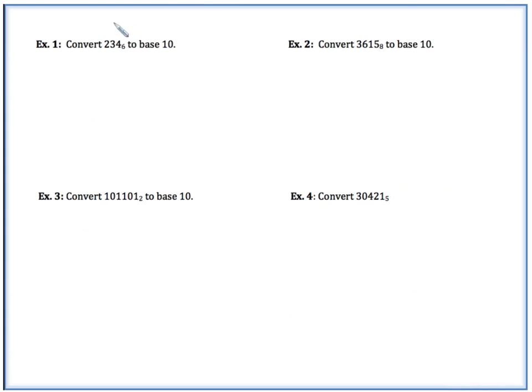Alright, so we want to be able to convert some of these numbers back to base 10, or our normal Hindu-Arabic numerals. So here's the number 234 base 6. So what I like to do is just spread this number out a little bit. And I'll just write 2, 3, 4 right here. And then I'll make a little chart here to help me stay organized.